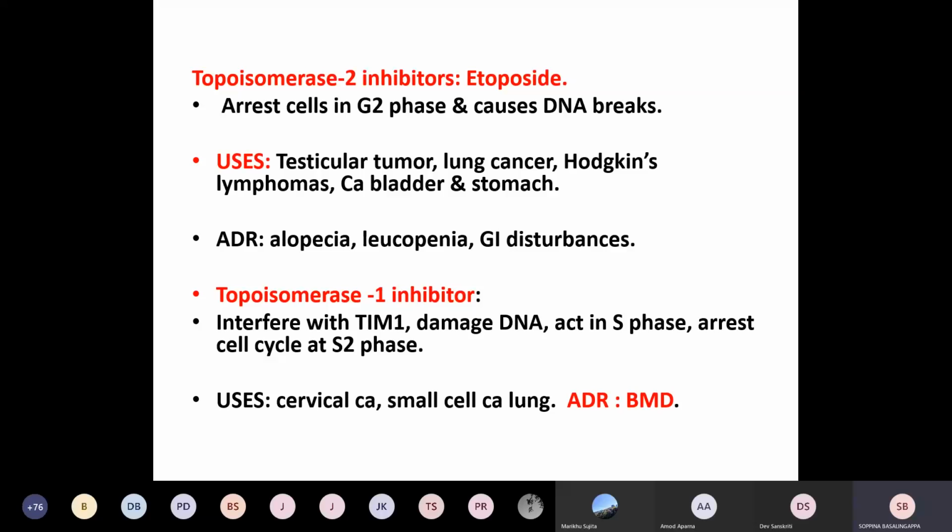Adverse reactions: alopecia, leukopenia, GI disturbances. Topoisomerase 1 inhibitors interfere with topoisomerase 1 and damage DNA, act in the synthetic phase, arresting the cell cycle in S phase. Uses: cervical cancer, small cell carcinoma. Adverse reaction: bone marrow depression.